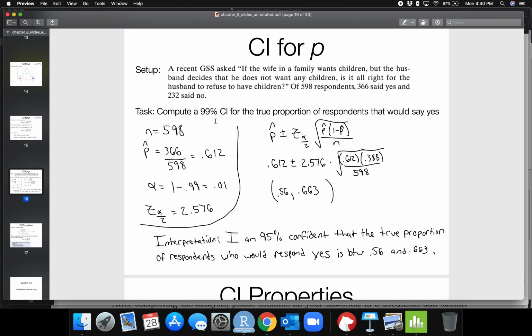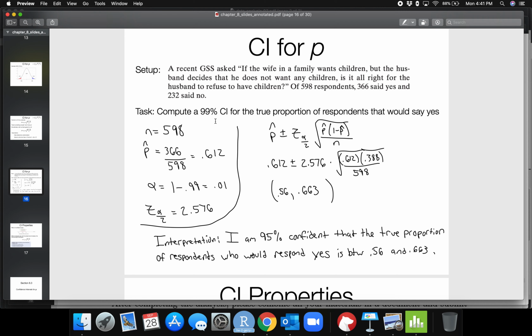When I say proportion, I mean a percentage of the whole, and so p hat is 0.612. Now, from the task, you also get alpha. If I'm computing a 99% confidence interval, that means that alpha is 1 minus 0.99, or 0.01.